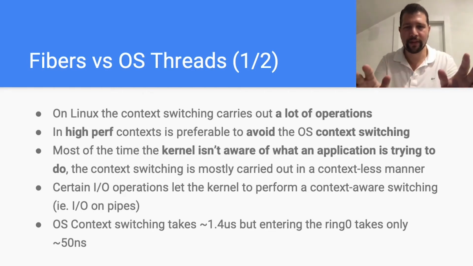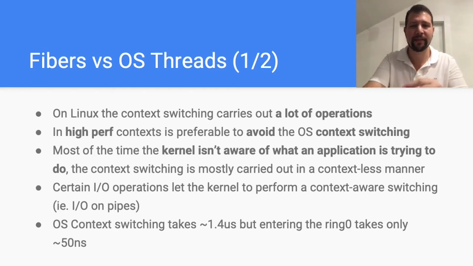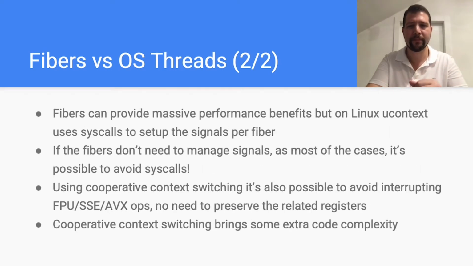Even in recent kernels, where everything is very well optimized, it takes quite some time. In software that needs to provide high performance, it's better to keep it to the minimum. Context switching takes about 1.4 microseconds, so with thousands of threads that keep switching, those numbers really matter. They can really impact the performance of an application.